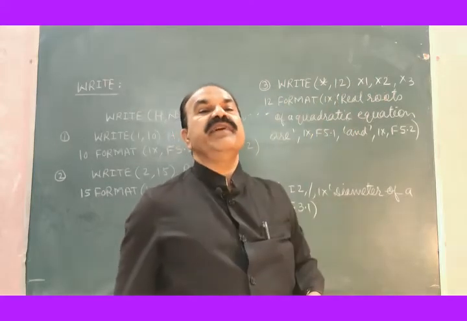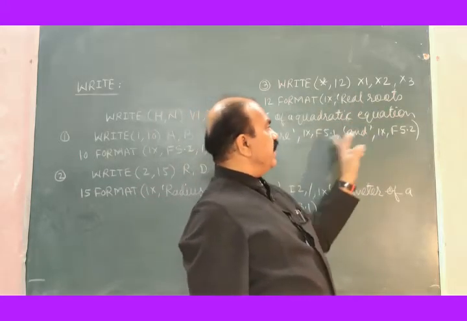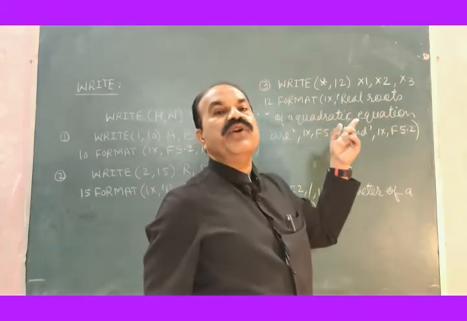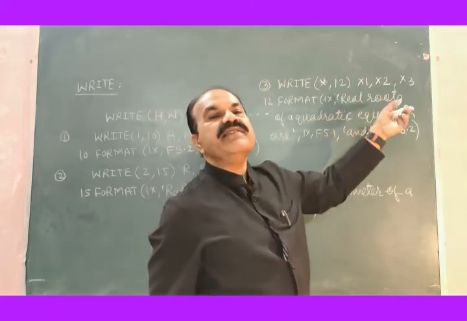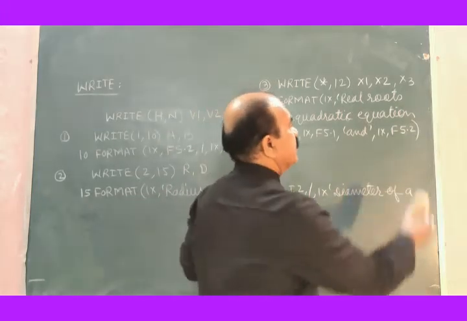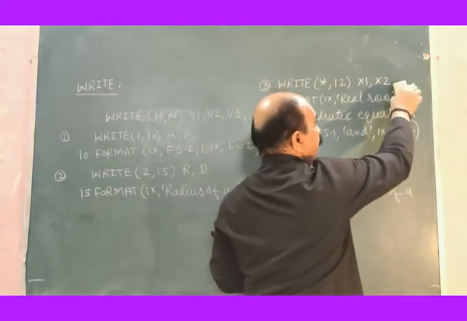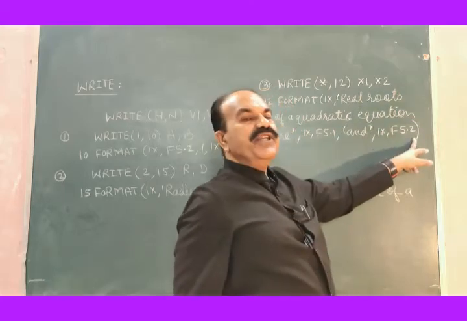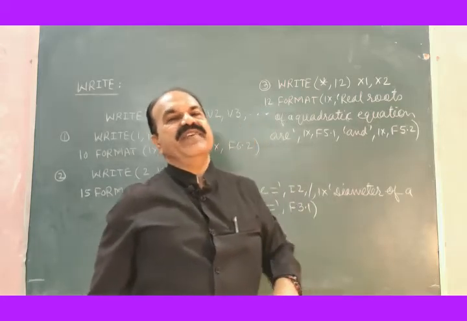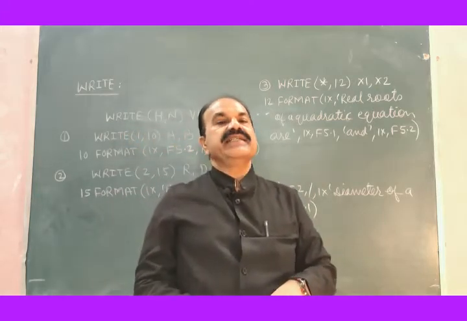This write statement will be wrong, as it has three variables, but there are only two format specifiers in the format statement, and therefore there is no one-to-one correspondence. To avoid this, either I have to take away this X3, or if you want to keep X3 here in the write statement, you have to use one more format specifier. This is about the write statement.